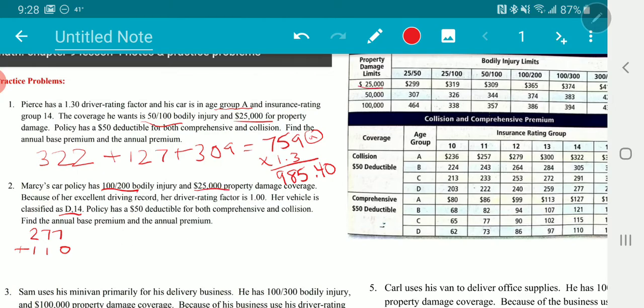So that's $365 right over there in the chart. Add it all up, and you should get your annual base premium of $752. Then I multiply by my driver rating factor of 1, which keeps my annual premium at $752.